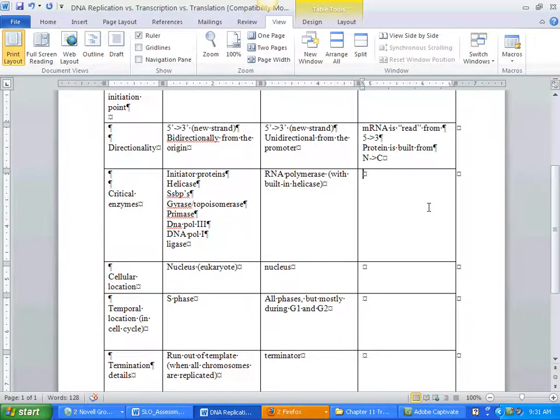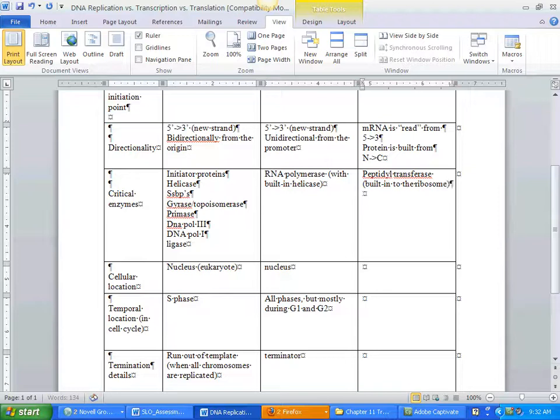The critical enzymes, there are enzymes that are built into the ribosome. So you have peptidyl transferase, but I don't really care if you know the name of that, but peptidyl transferase is an enzyme. And these enzymes are built in to the ribosome. So they're actually part of the ribosome.